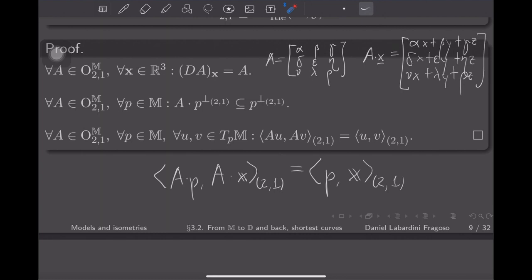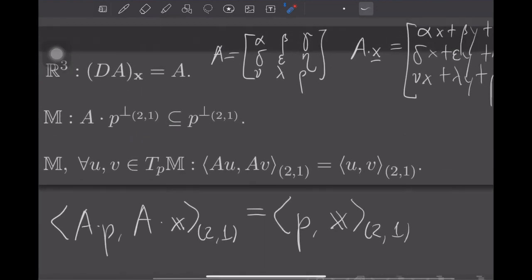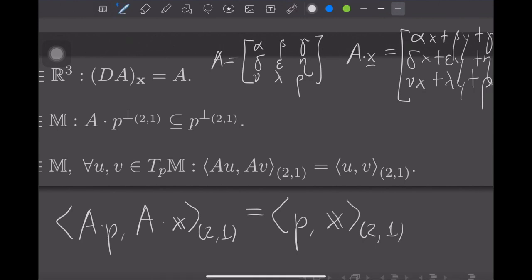And here there's a small mistake. Sorry. Here it shouldn't be this. It should be A P orthogonal to 1.